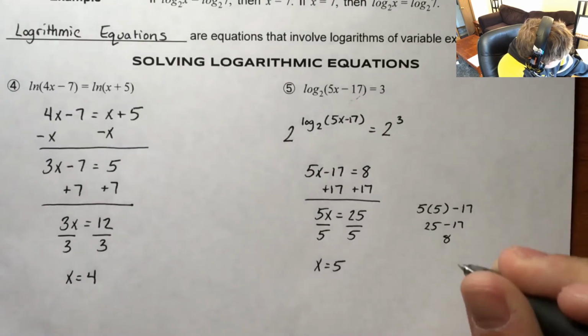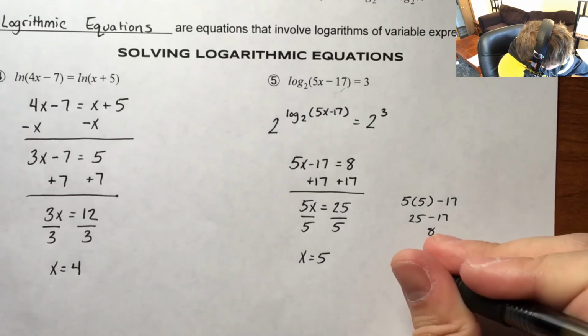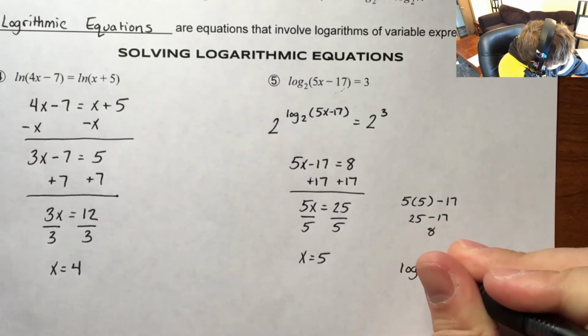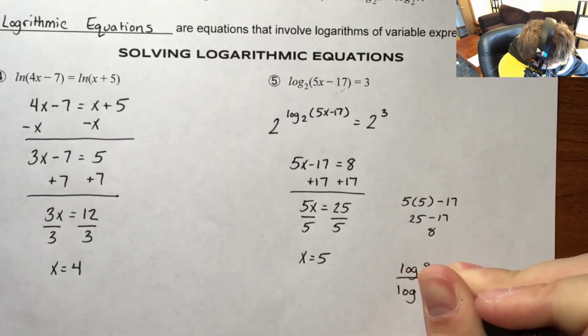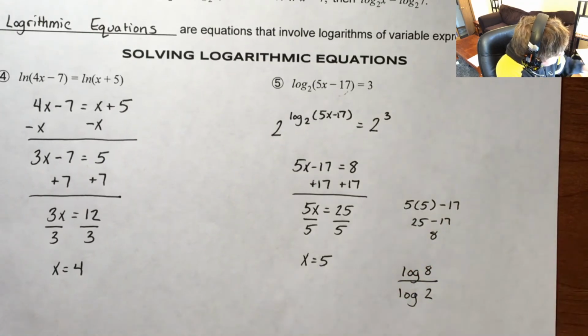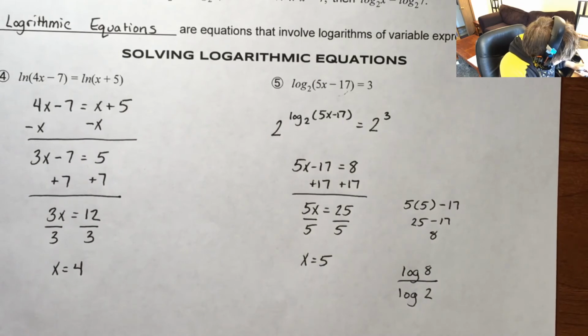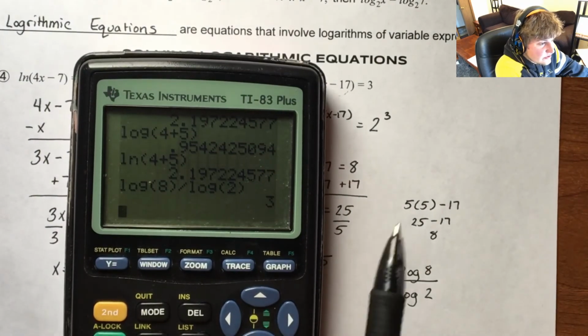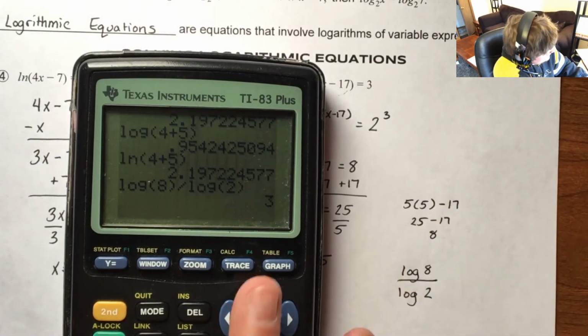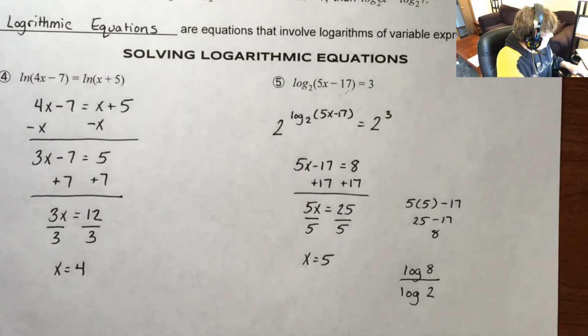So, okay, I can say that this is log base 10 of 8 divided by log base 10 of 2. And as you can see, that is equal to 3, which is what we wanted it to be. Alrighty.